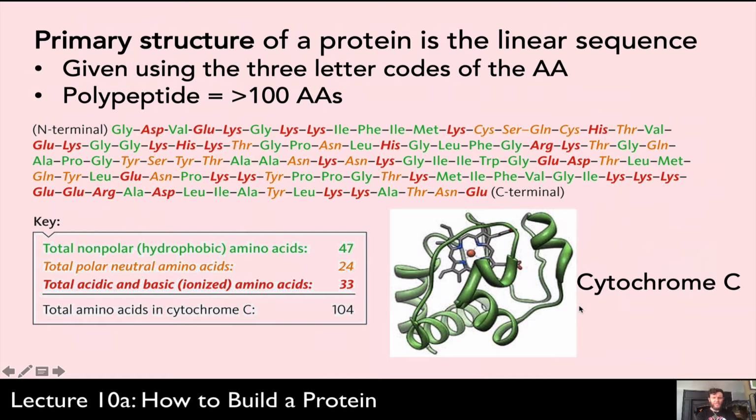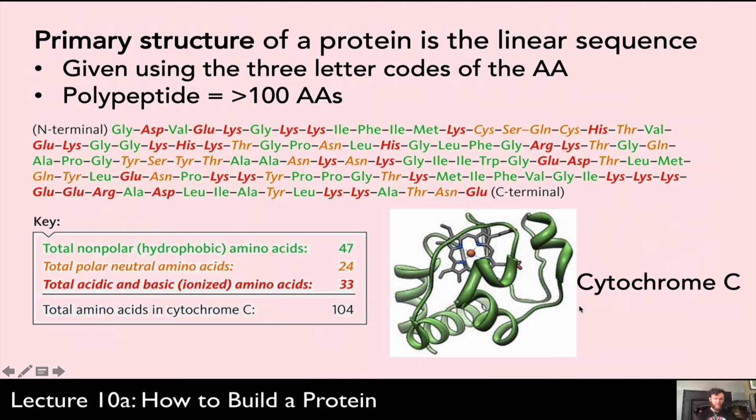So this primary sequence is given using 3-letter codes in the DNA, and a polypeptide, like a very small protein, has something less than 100 amino acids in a row. So here is a very small protein, a polypeptide called cytochrome C, and cytochrome C has 104 amino acids, and I've color coded them in this picture to show the nonpolar or hydrophobic amino acids.